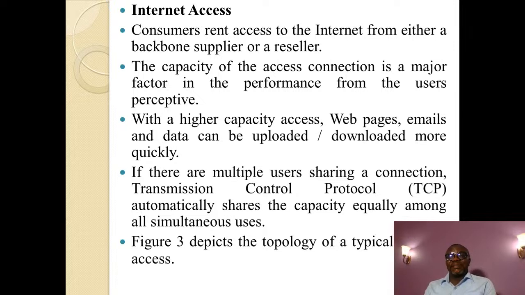With a high capacity access, web pages, emails, and data can be uploaded or downloaded more quickly. If there are multiple users sharing a connection, the transmission control protocol, which is ordinarily noted as TCP, automatically shares the capacity equally among all simultaneous users.